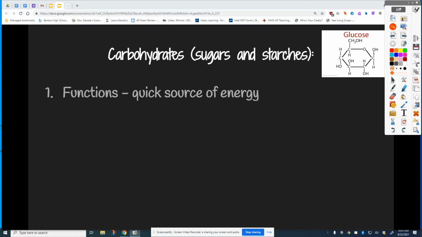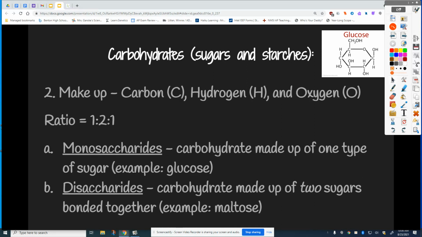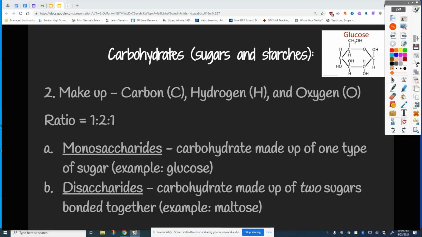No, they're really hyper, and then they pitch a fit because they're coming down off of a sugar high, and then they fall asleep because they don't have a lot of energy anymore. So carbohydrates, their function is quick energy. They are made of carbon, hydrogen, and oxygen in a 1 to 2 to 1 ratio.